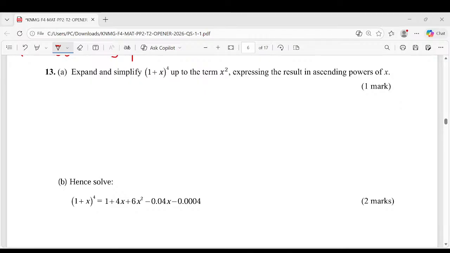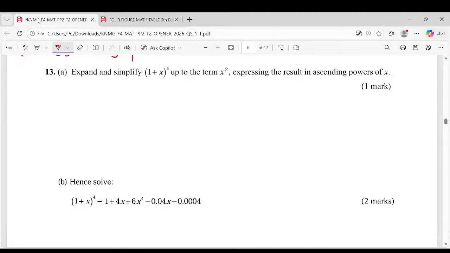Okay, I'm very ready for the question. 13A says, expand and simplify (1 plus x) power 4 up to the term x power 2, expressing the result in ascending powers of x.